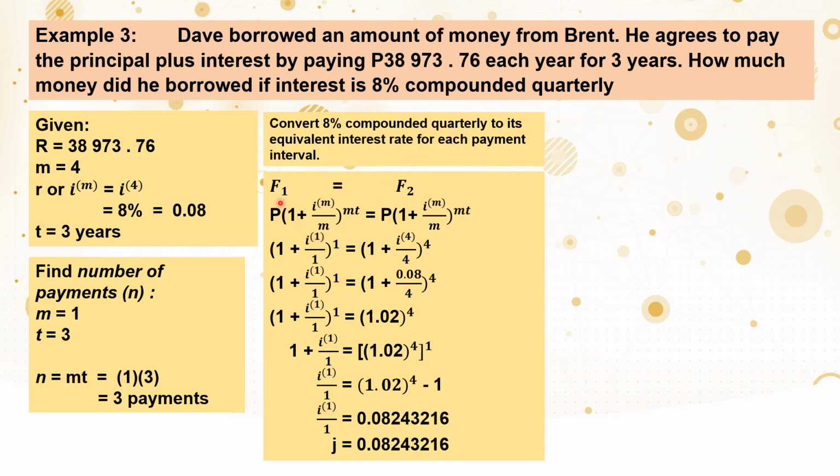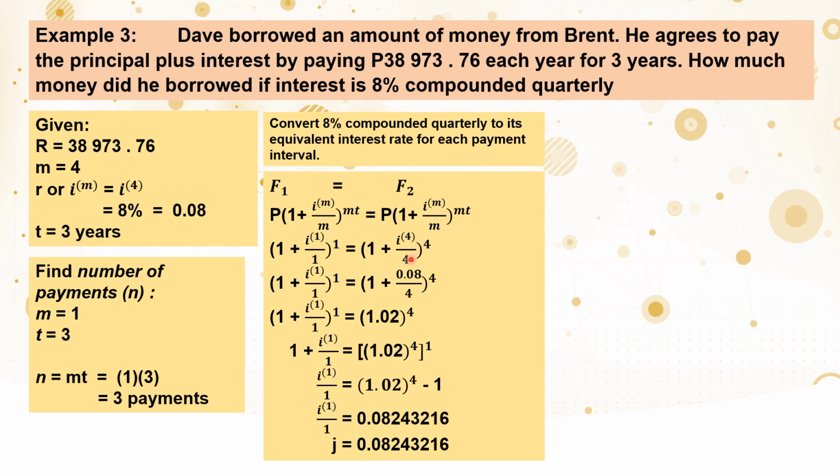So since yung F sub 1 natin ay for annually, yung M natin ngayon is 1. So papalitan lang natin tong M natin ng 1. So we have now 1, 1, 1. And for F sub 2, our M is 4 since it is compounded quarterly. So papalitan lamang natin yung M dito ng 4.